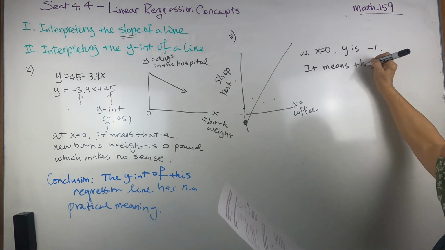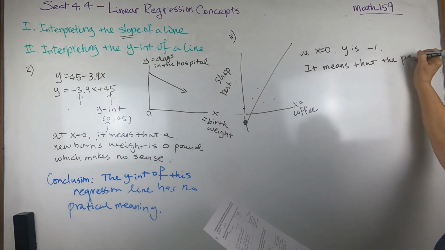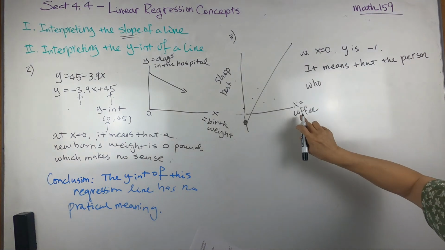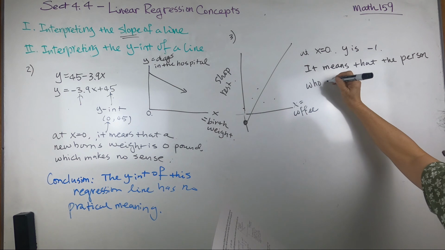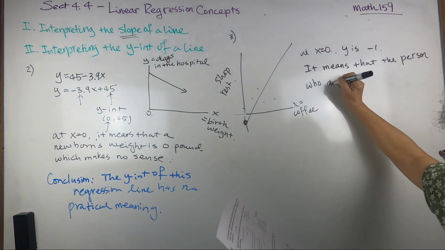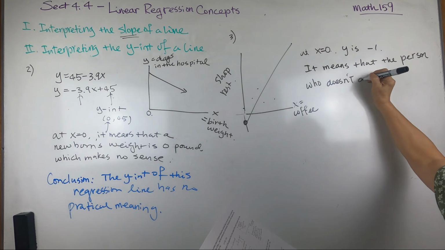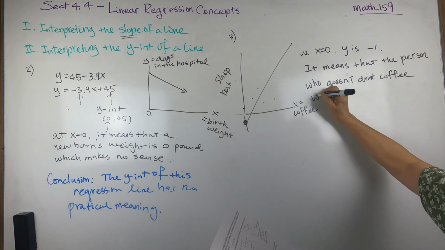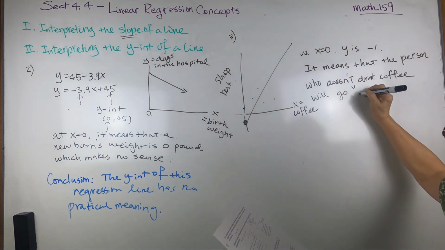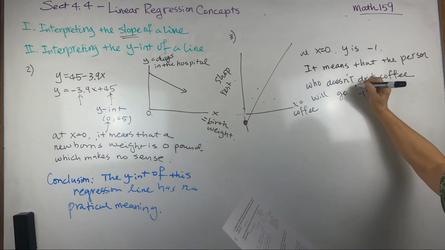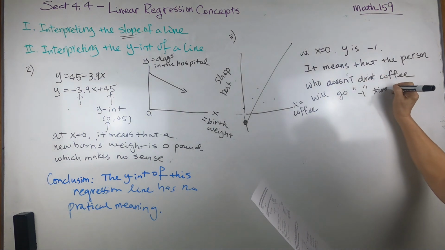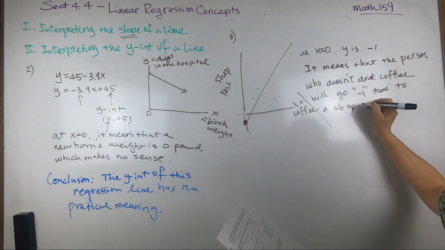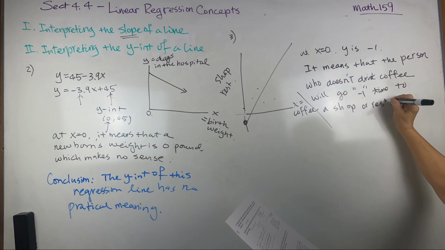Let's just write it out so you can see. X is how many drinks of coffee you have. So the person who doesn't drink coffee will go -1 time to a shop or restaurant, right?